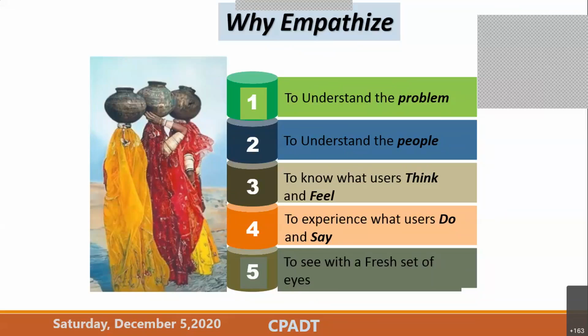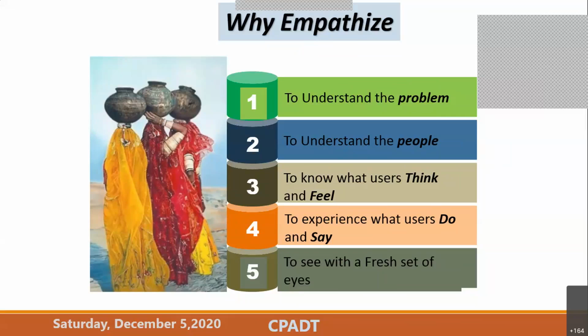What was their problem? These ladies in their village used to carry water from almost 2 kilometers away from the place they were living in. All the ladies had to walk all the way to the place, fetch the water in the pots, and then get back to their homes.